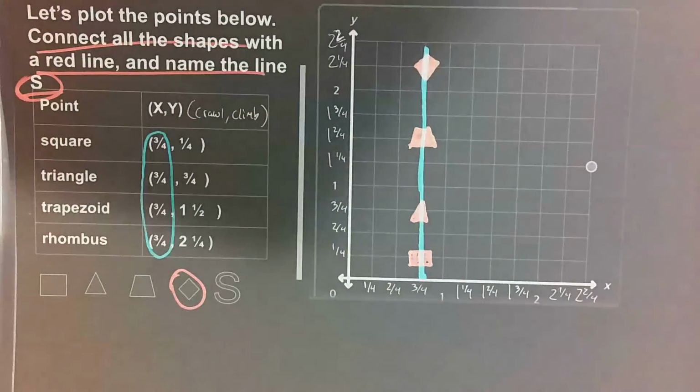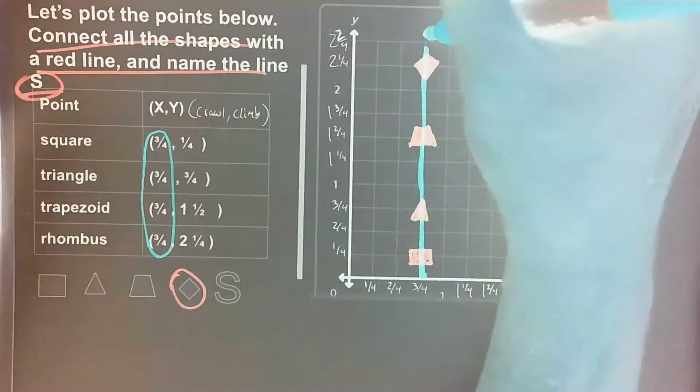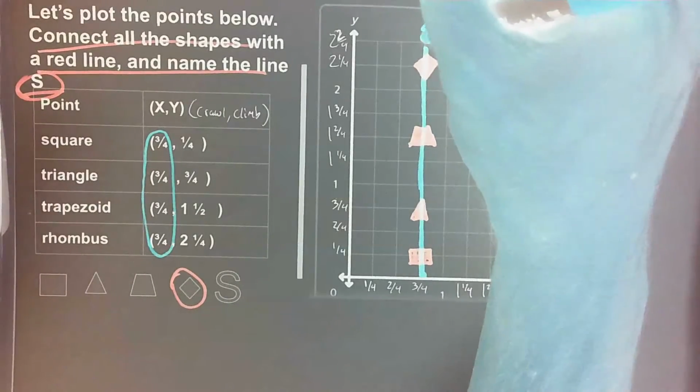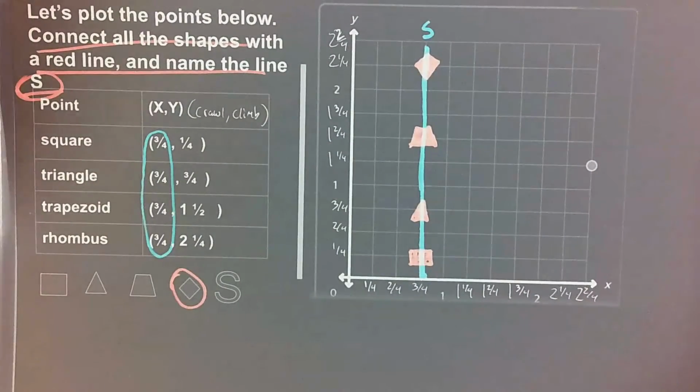Let's make sure we have line S drawn and labeled.